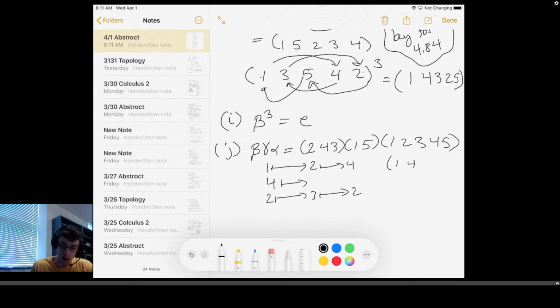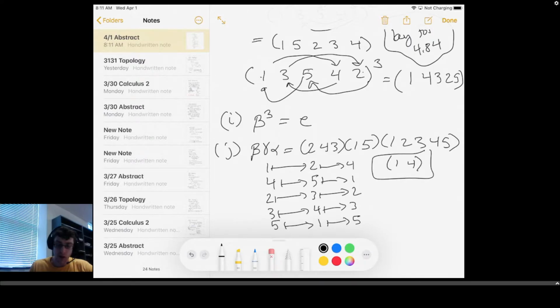All right, 4 goes to 5, 5 goes to 1, this does nothing to 1, and so this is closed off. So 1 goes to 4, 4 goes to 1, 2 goes to itself, 3 goes to 4, does nothing, 4 goes to 3, 3 goes to itself, and then 5 must go to itself since it's the last one left, but we can also check, 5 goes to 1, 1 goes to 5. So this guy is actually just a really long way to write a transposition. Okay?